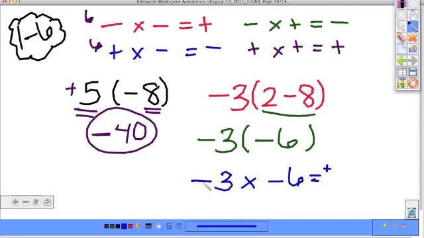Now we need to multiply 3 times 6, and we all know that's 18. So my final answer is just 18. You don't need to put positive 18. You don't tell people that you're positive 12 years old, you just say you're 12. We assume it's positive, because if you were negative 12, that would be a little different.